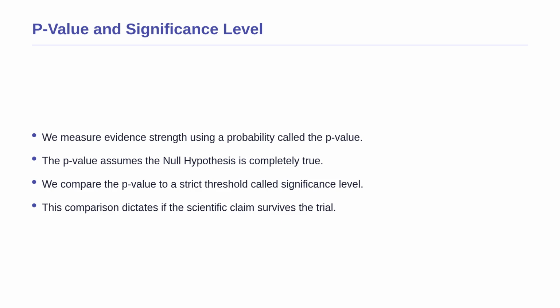Before the experiment even begins, we set a strict threshold called the level of significance. We will compare our calculated p-value against this threshold. This crucial comparison ultimately dictates whether our scientific claim survives the trial or fails. Let us look at the mathematical rule for this decision.